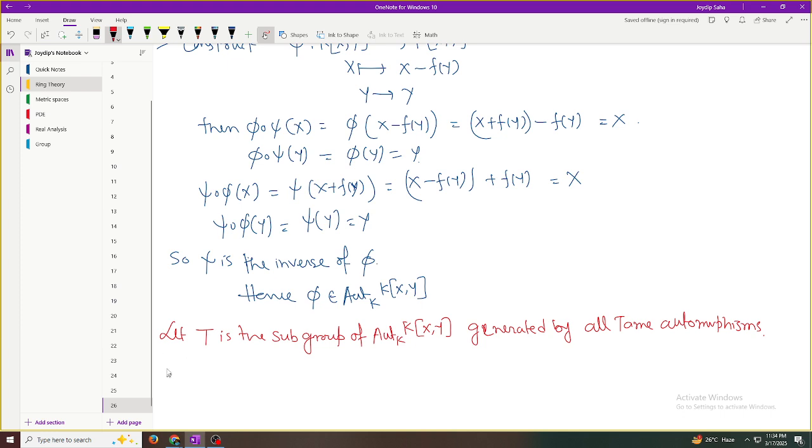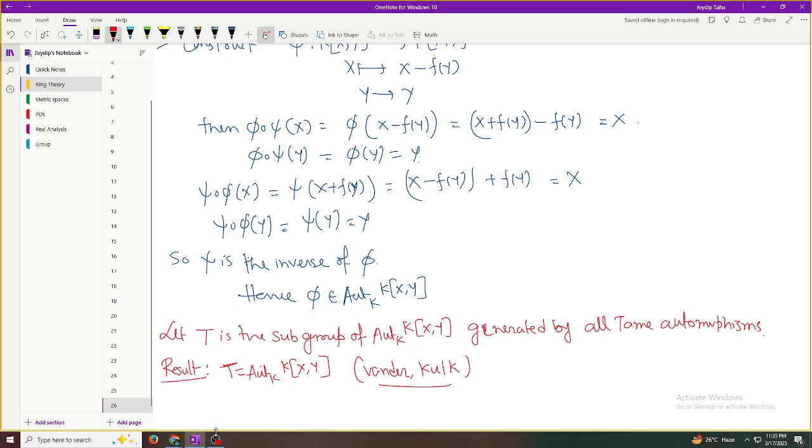Then a result without proof, just for knowledge. The result is T equals Aut k[x,y], by van der Kulk. Over two variables it is known; in three variables it is a conjecture.